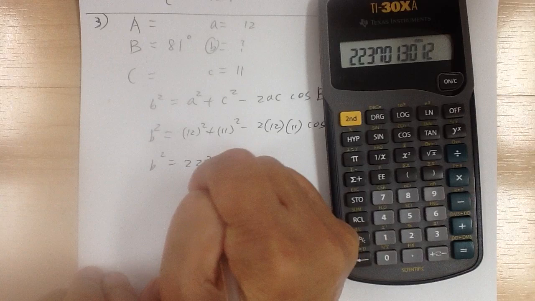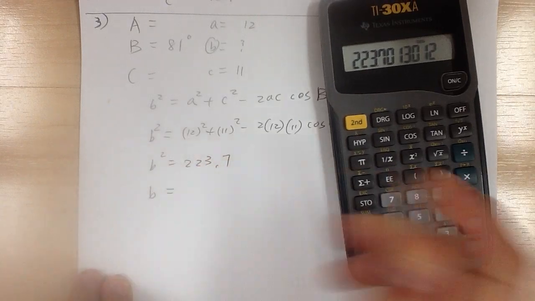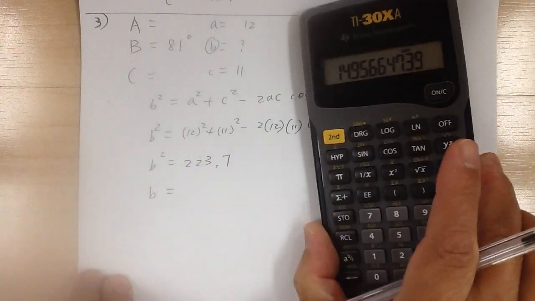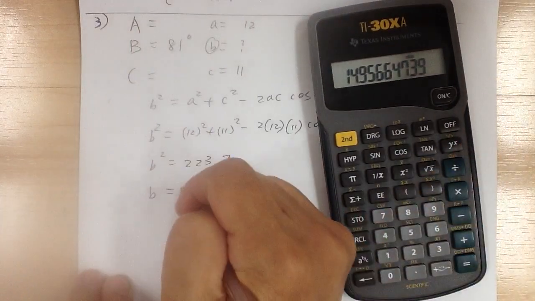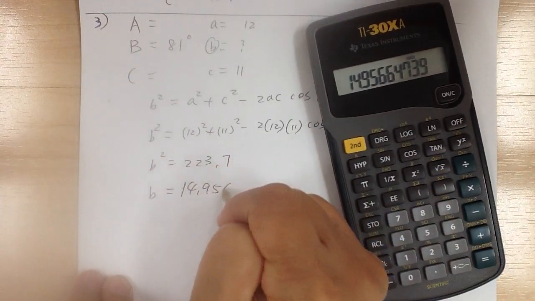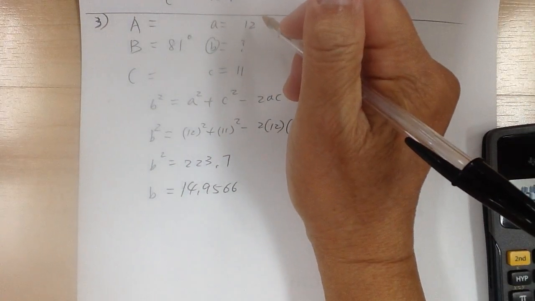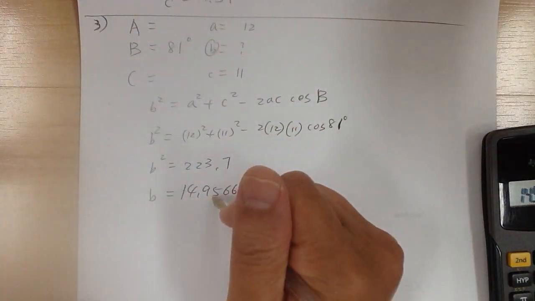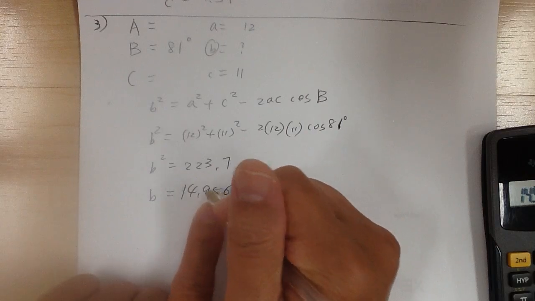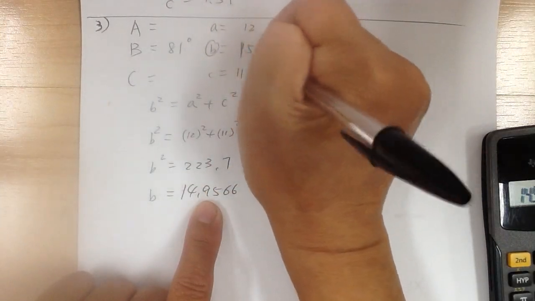I get 223.7, and if I take the square root, I get 14.9566. If you round to 3 significant digits, this rounds up, so you get 15.0.